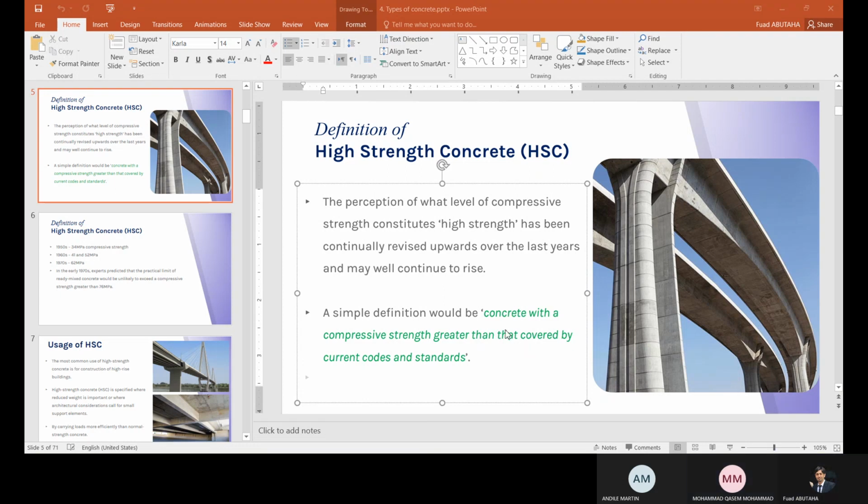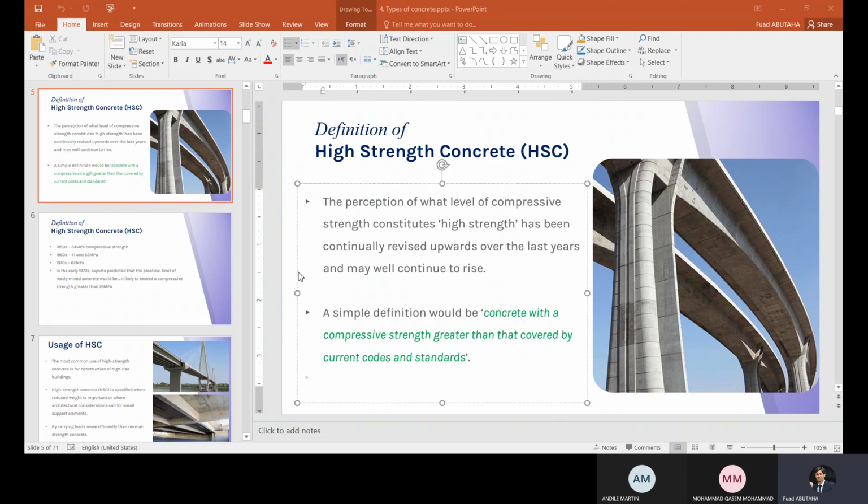So we have mix 1. I just mentioned initially that the higher the maximum size, the lower the strength of concrete. The higher range of particle size of aggregate gives lower compressive strength.